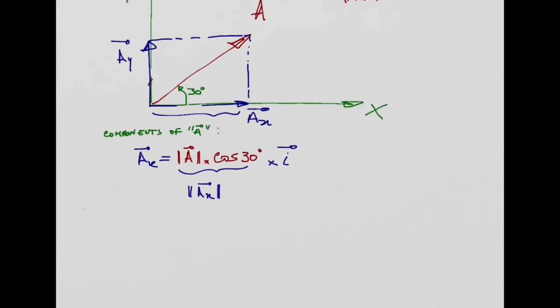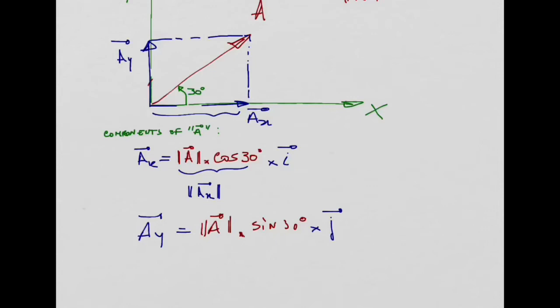Then I'm going to say AY is going to be again the norm of A times sine of 30 degrees, and this is going now to be along my y direction, which is defined by this unit vector j, right?